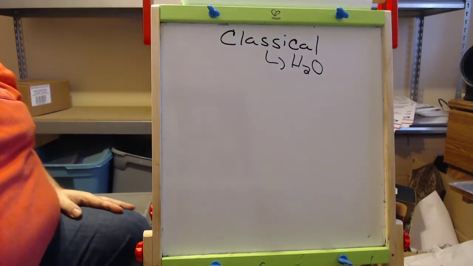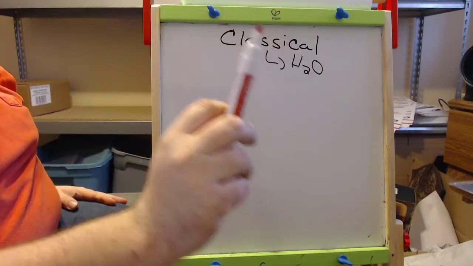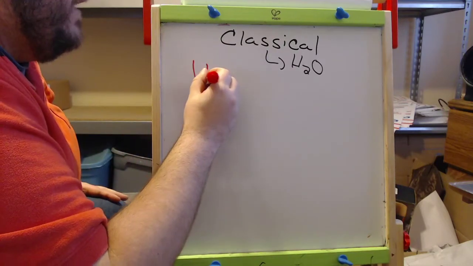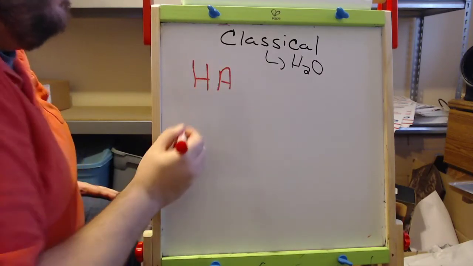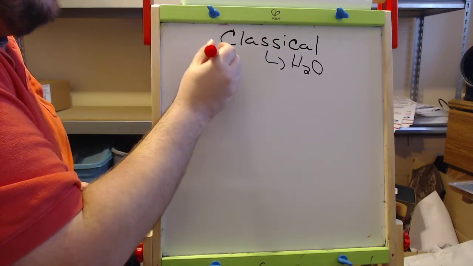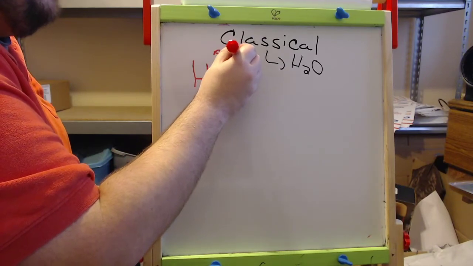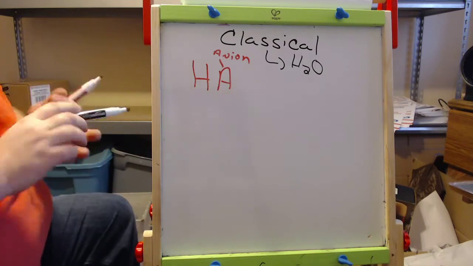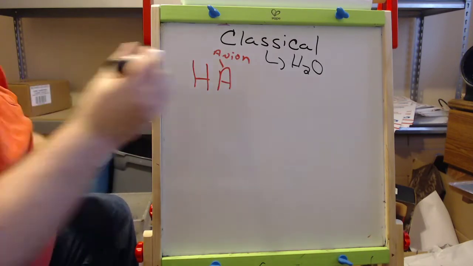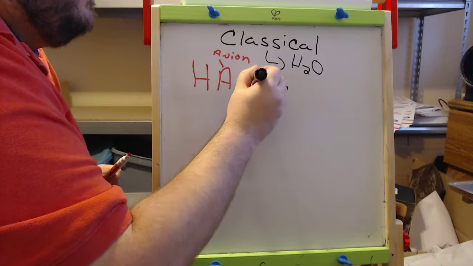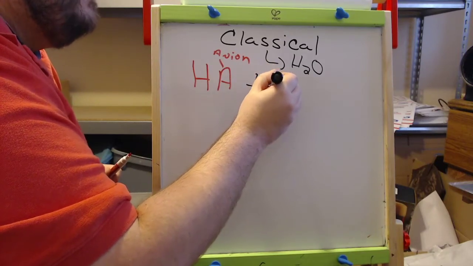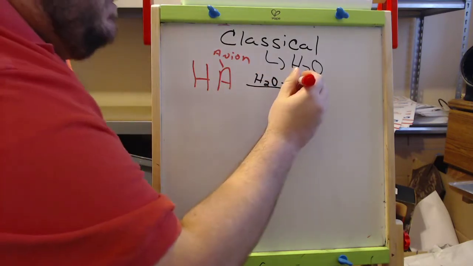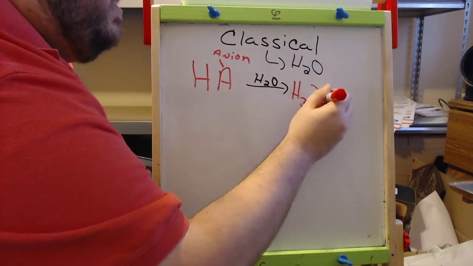Now, the general form for an acid, I'm going to use red for acid, blue for bases. The general form for an acid, under the classical sense, is HA, where H is hydrogen, of course, and A is some anion that makes it an acid. If I place my acid into water, the classical definition says an acid when placed into water will give me, and here's the key, hydronium.